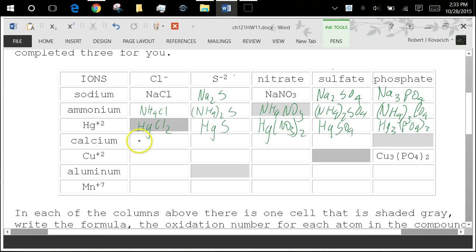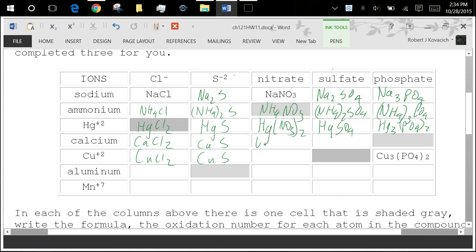Okay. So why is the formula CaCl2? Calcium's in the second column, so it's got a +2. So this mercury, this calcium, and this copper, they're all going to have the same ratios. They should look the same. So then I'm going to need 1 calcium for a sulfur. I'm going to need 1 copper 2 for a sulfur.